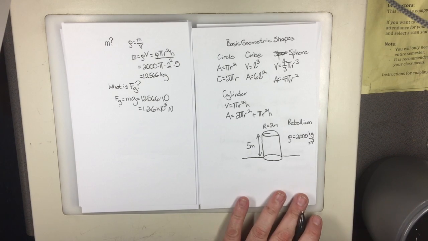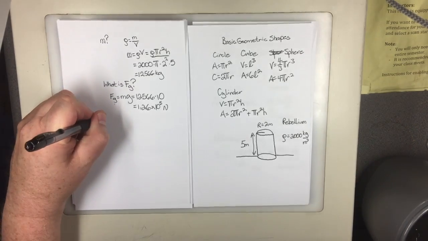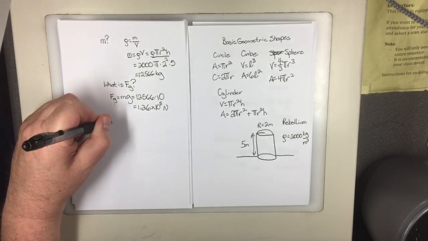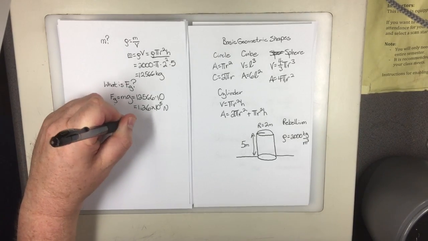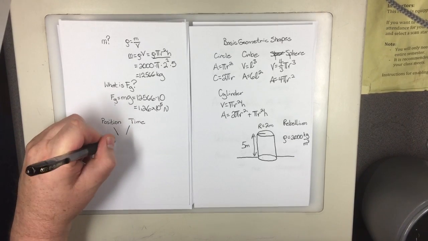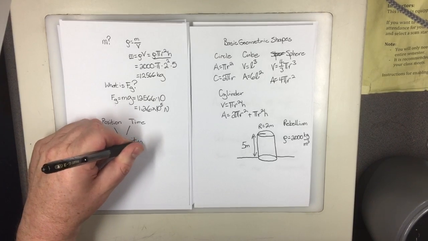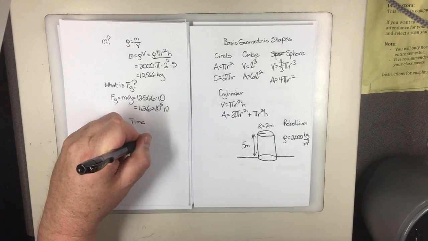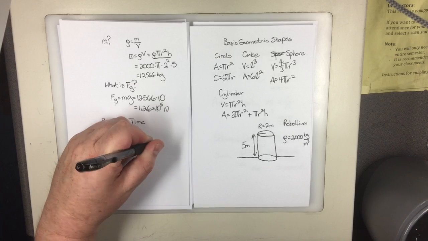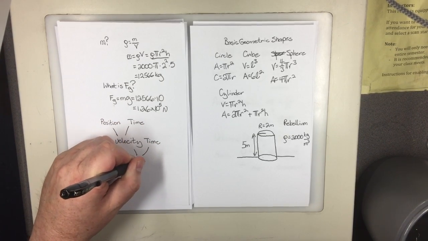We now need to introduce a new idea. We've had position and time, and when you mix those together, you get velocity. When you mix velocity and time together, you can get acceleration.